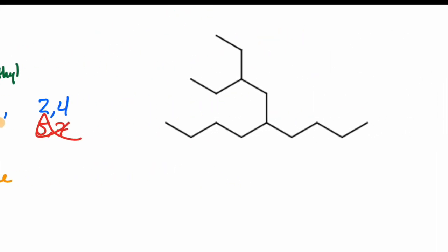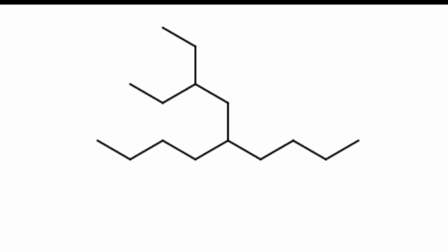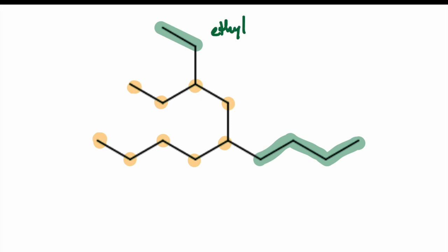All right, so everybody take a second, do this one for me. Pause the video, name this one, and then we'll do it together. All right, so importantly, my parent chain here, there's a tie, but if I go this direction here, I have my maximum number of substituents. So that means that this is a substituent, a 2-carbon substituent, an ethyl group, and this one's a 4-carbon substituent, a butyl group.